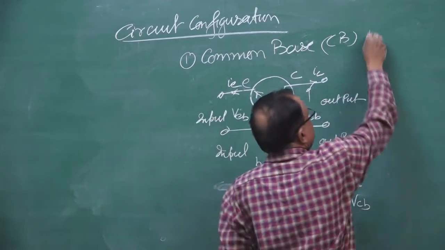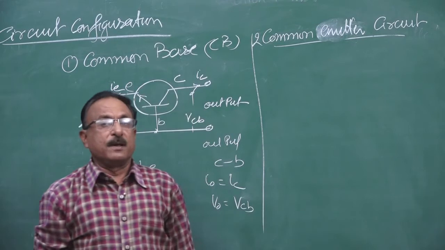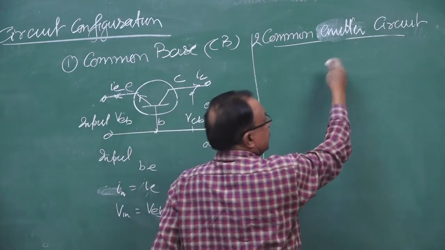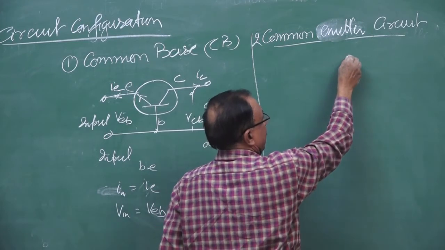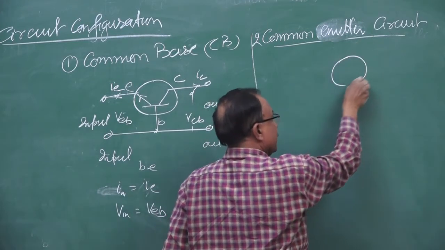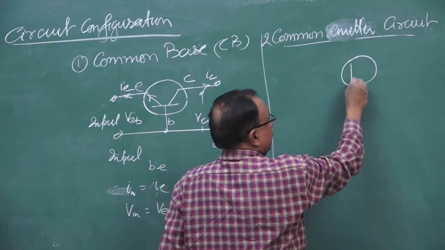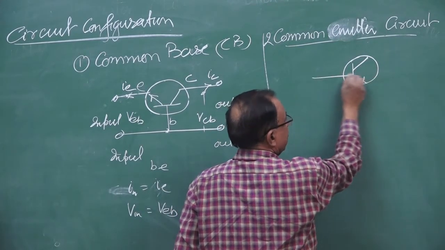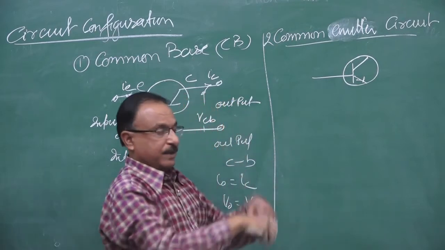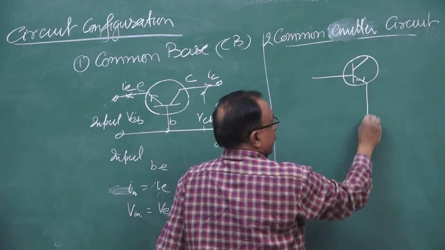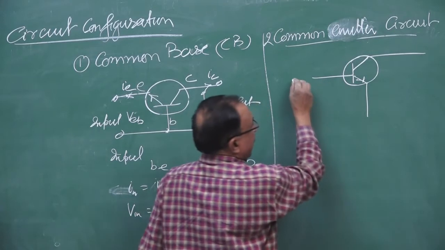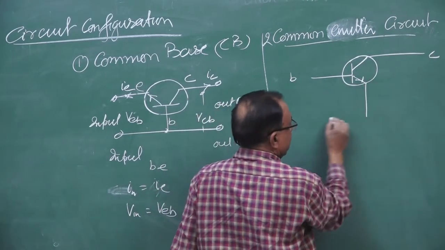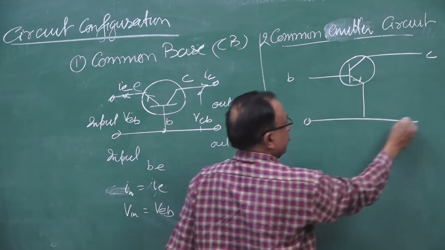The second one we take is the common emitter circuit. We slightly modify the arrangement. Here we make the transistor like this: emitter downward, collector toward the right side, base on this side, and the emitter is made common to both of them.